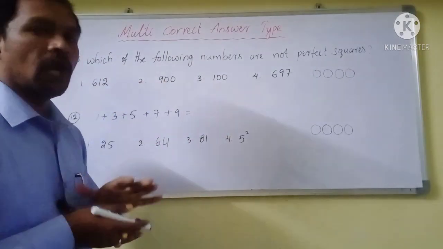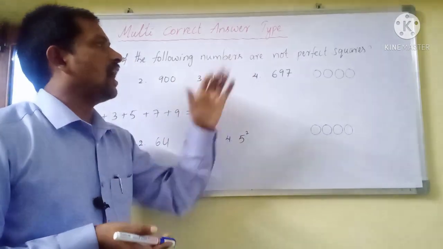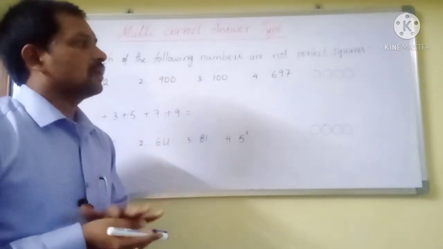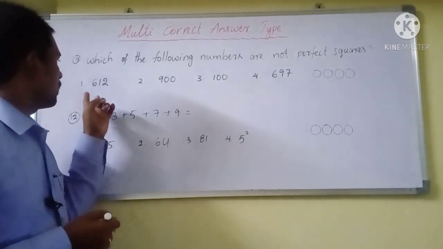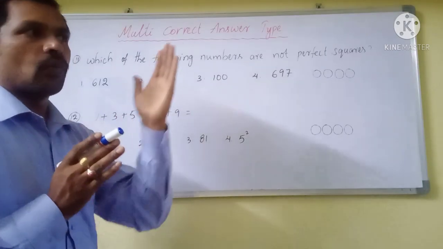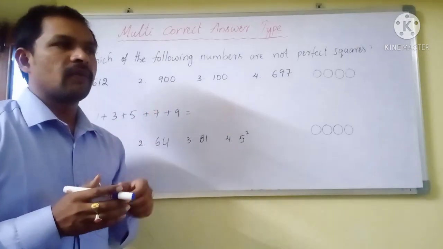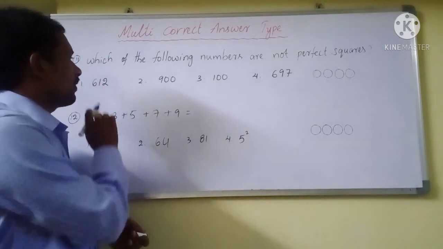Which of the following numbers are not perfect squares? So we should identify the numbers that are not perfect squares. If you observe option number 1, we know the squares of 1 to 20, which I explained in the previous videos, so this is not a perfect square.